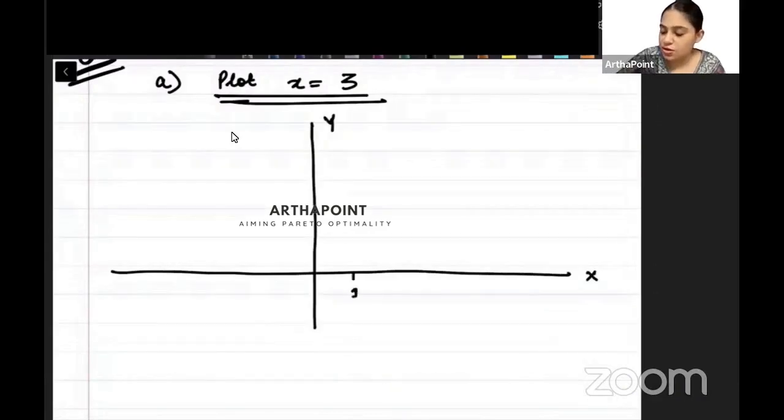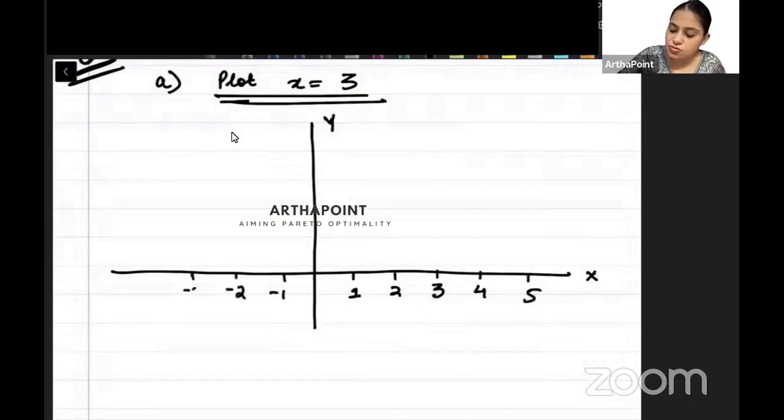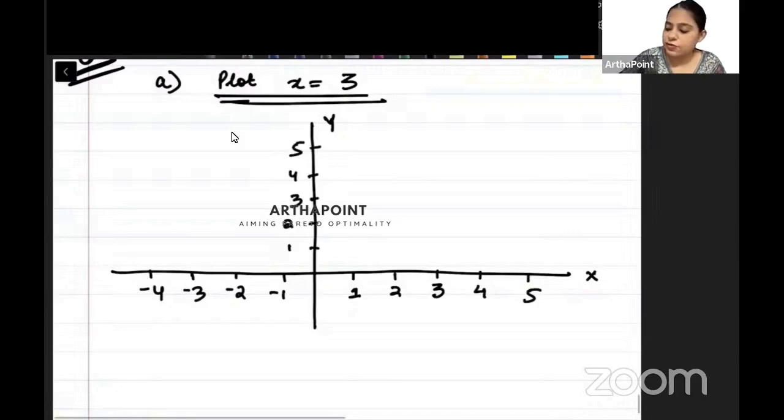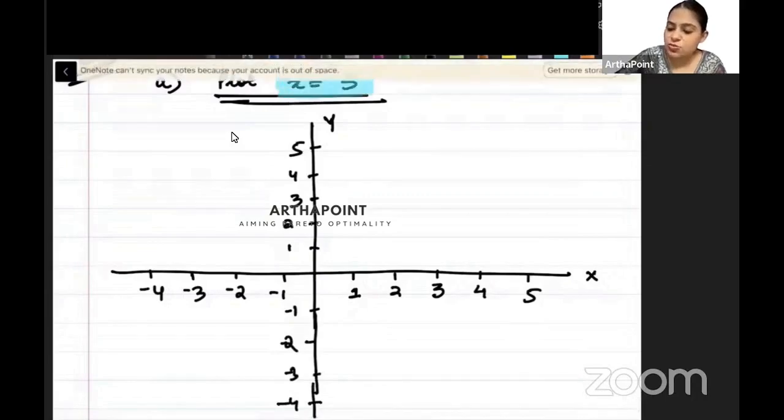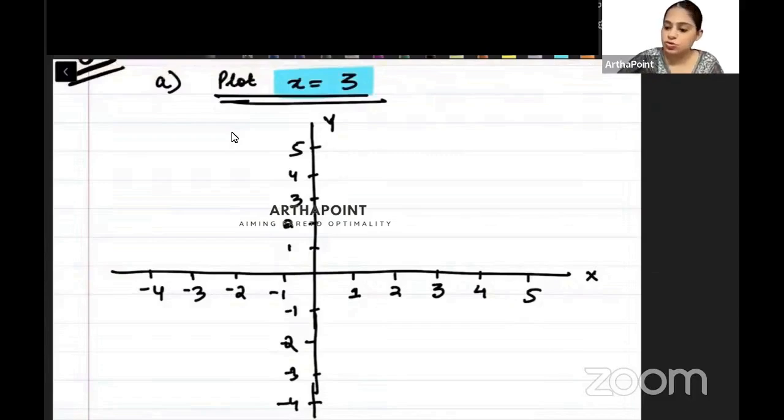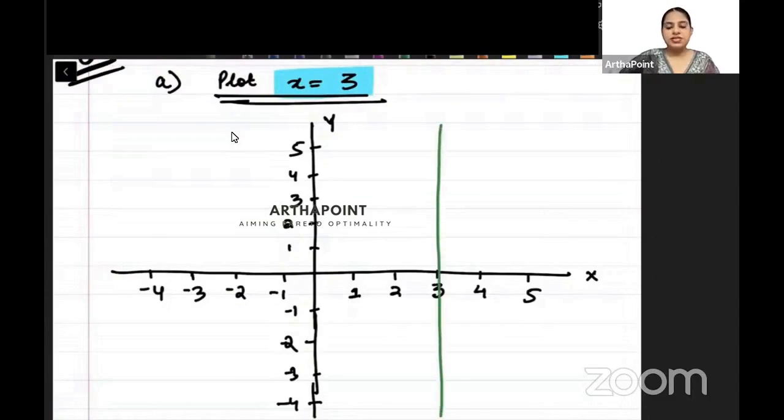So x is 1, here x is 2, here x is 3, 4, 5, -1, -2, -3, -4, here y is 1, y is 2, y is 3, y is 4, y is 5, y is -1, -2, -3, -4 and so on. Now we are saying plot x is equal to 3. So the value of x is 3. That means there will be a line passing through x is equal to 3.